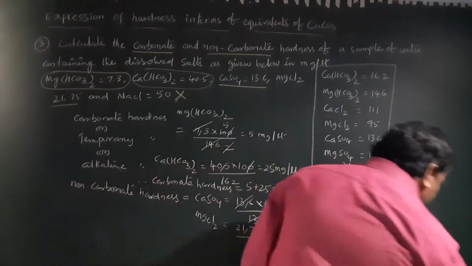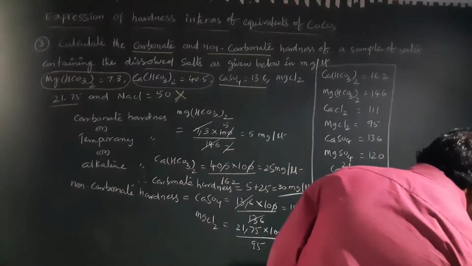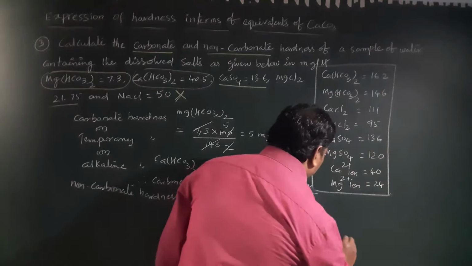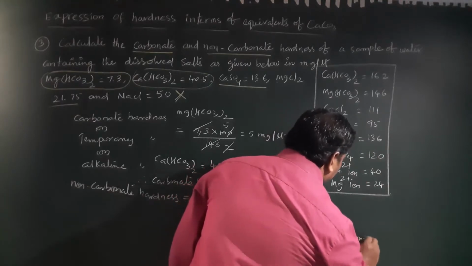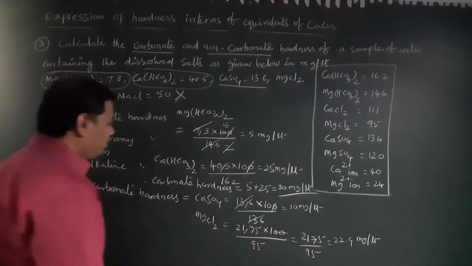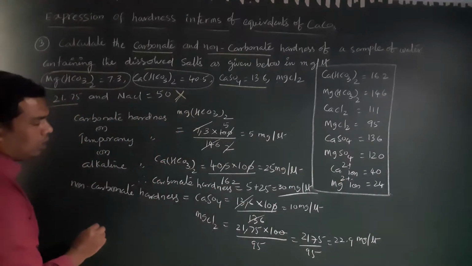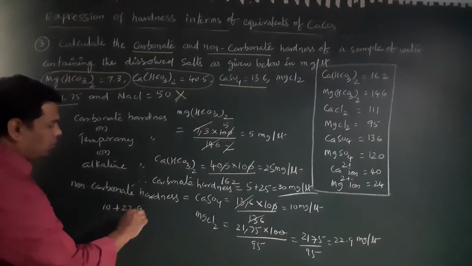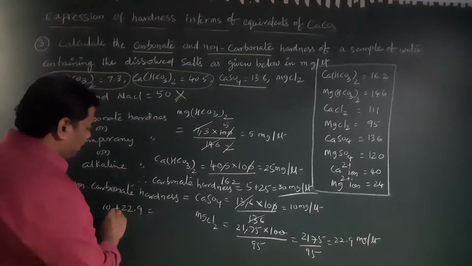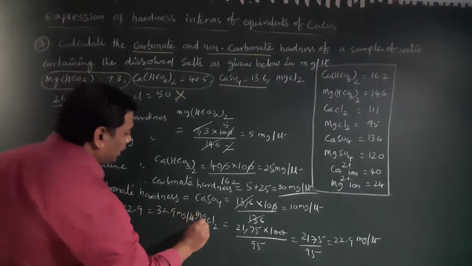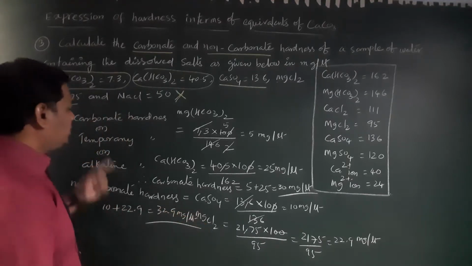After simplification, you will get 22.9 milligram per liter. So total non-carbonate hardness is 10 plus 22.9, that is equal to 32.9 milligram per liter. So this is permanent hardness.